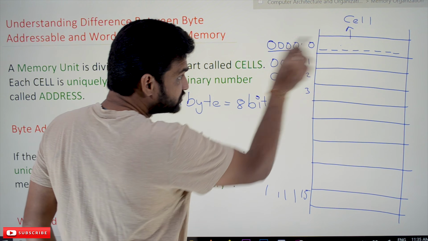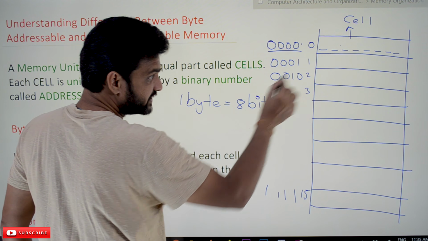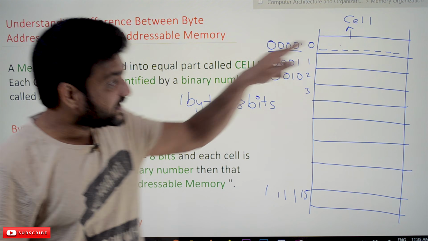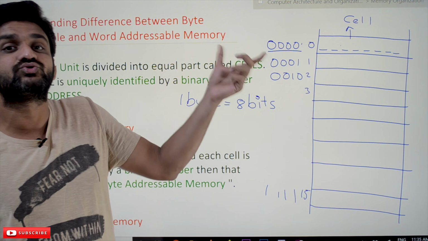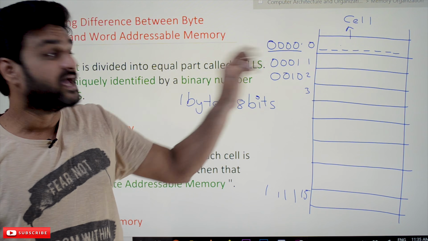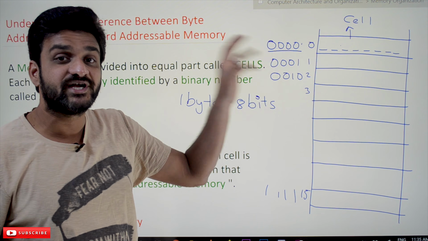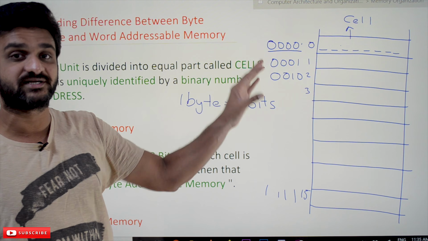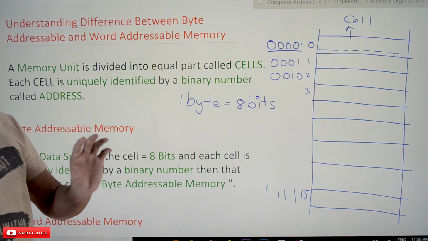So here the bytes are addressable. See here, this is the address of this byte, this is the address of this byte. Why it is byte means each cell is having a capacity to store 8 bits, and every cell is provided with a unique address, so it is what we call byte addressable memory. Okay, so think of this point once again.